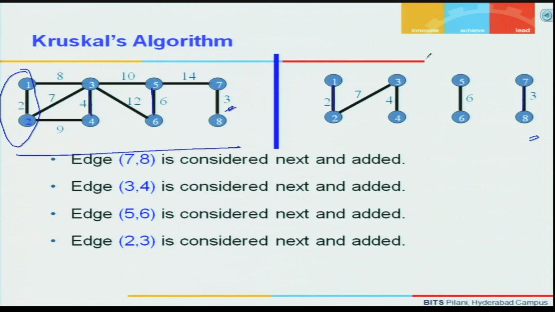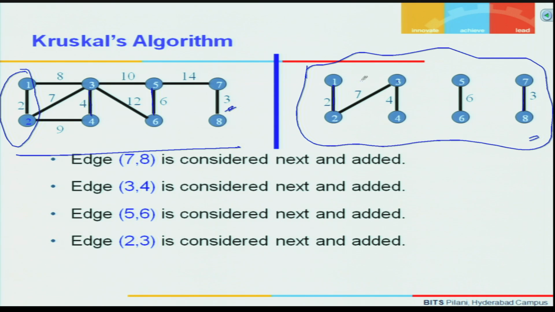Now let me see, can I put an edge called 1 3 in this particular forest? If I put an edge like this, I will be getting a cycle, that is 1 3 2, that is a cycle.